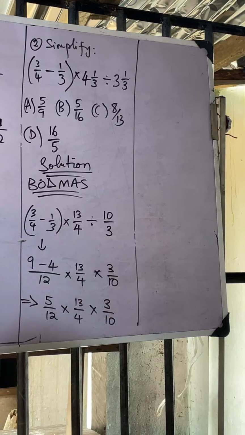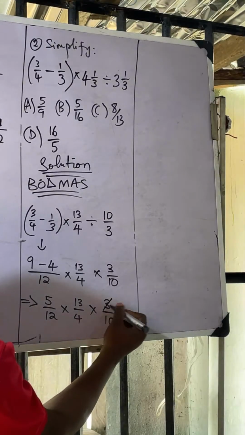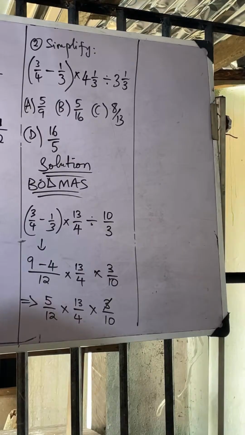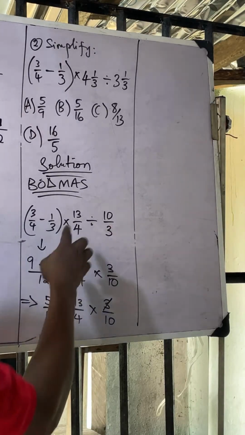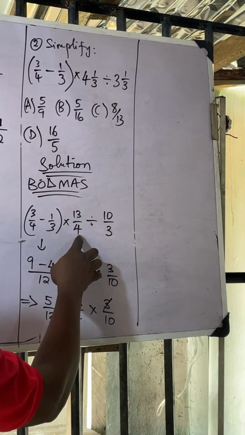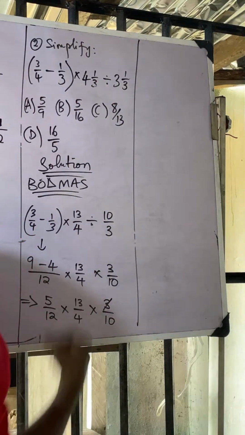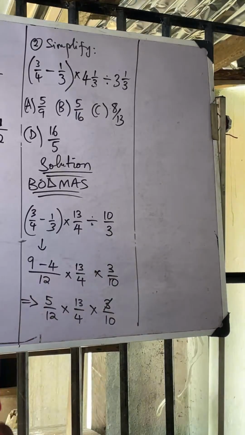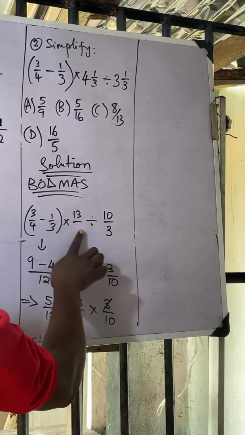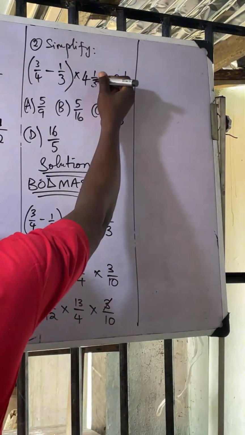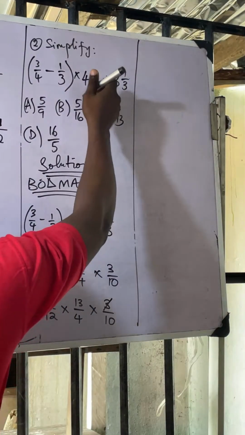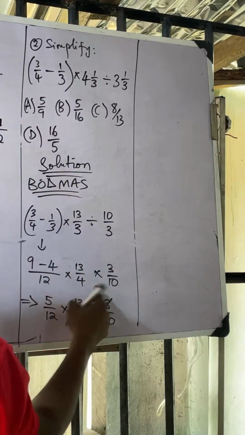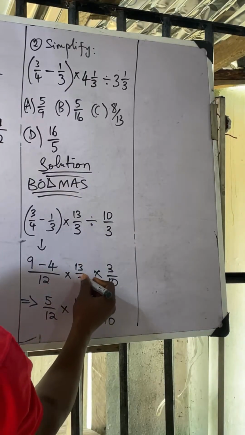So what I'm going to do, look at this. 4 times 3 is 12. Okay, thank you very much. That is a very wonderful observation. 3 times 4 is 12 plus 1, that is 13 over 3. Very important.